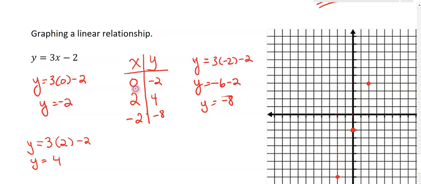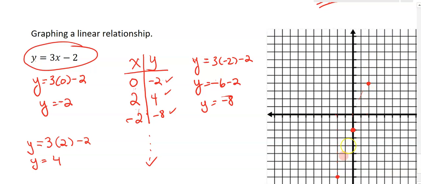And if I picked points in between, like 1 or negative 1 or 0.5, they would all fall within that line. They're all points. So these are 3 solutions of infinite solutions to this equation, right? An equation is the rule. The table of values are sample solutions to that rule, or an x, y that works in the rule, right? If I plugged in 0 for x and negative 2 for y, I get a balanced statement.